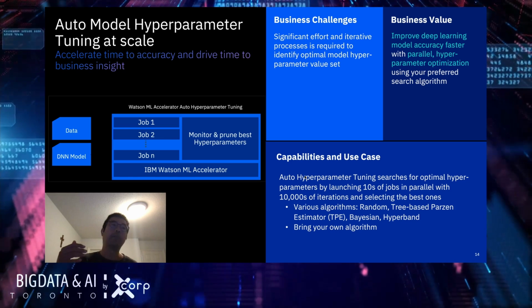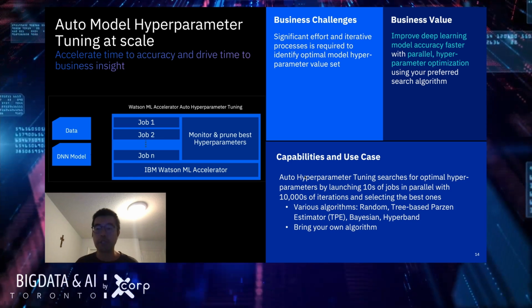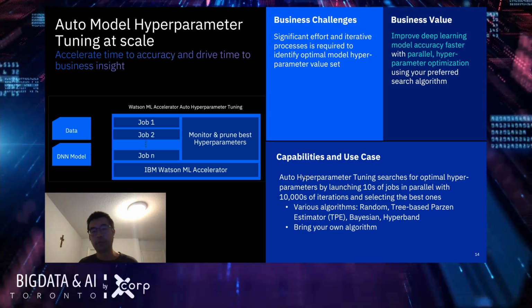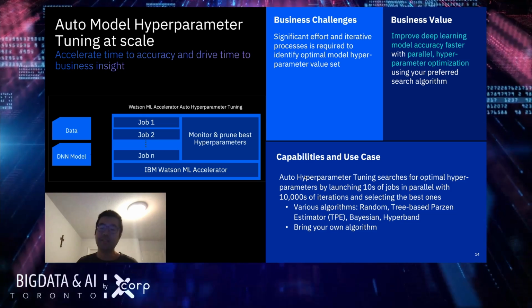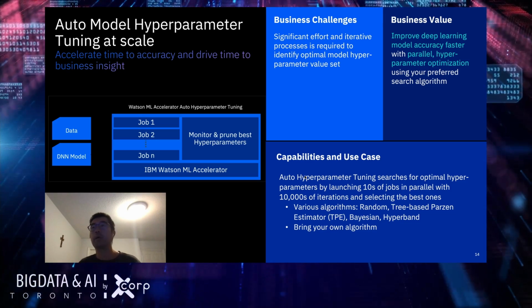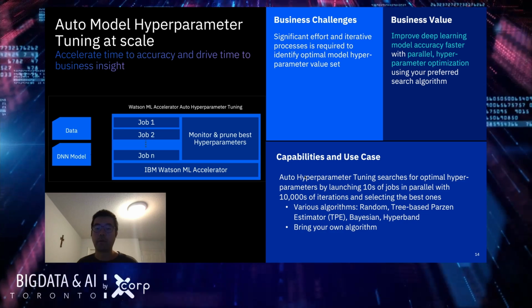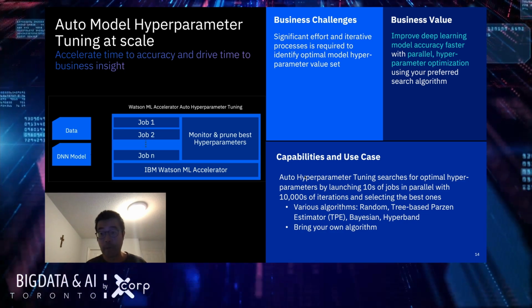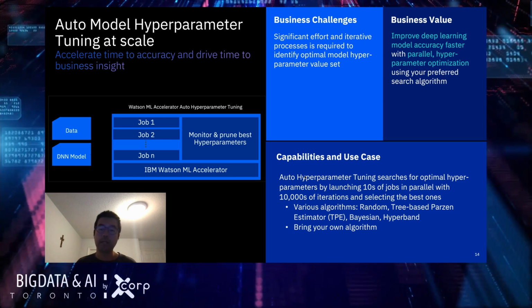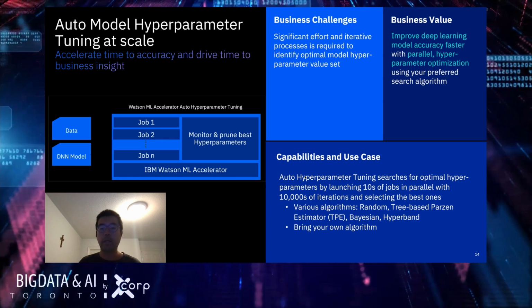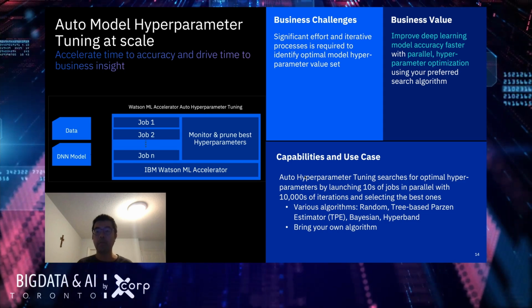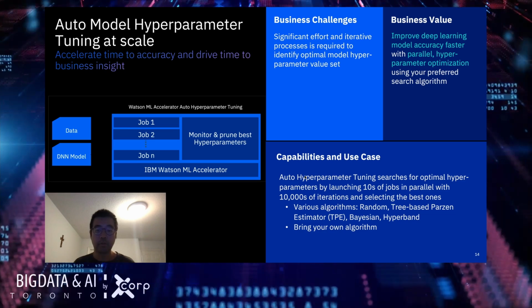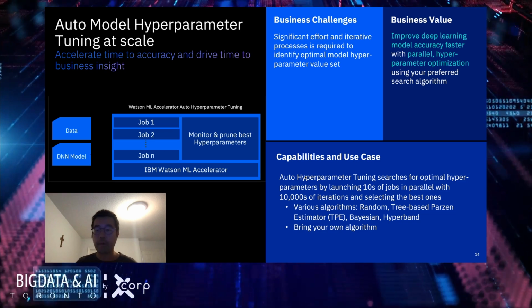So a typical out-of-the-box open source solution runs sequentially on a single node, single GPU. And now the number of combinations grows very quickly, which means it's intractable for data scientists to test single parameters one by one. What we help with here, with our auto model hyperparameter search, is to enable tens of parallel jobs with 10,000s of iterations, while we handle the resource allocation and monitoring of all results, while searching for the optimal model parameter value set.